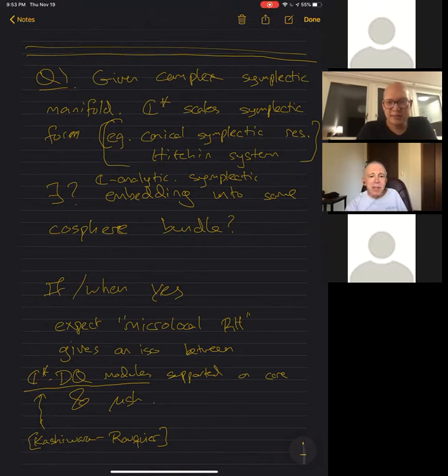But if your complex symplectic manifold is not exact... Oh yes, then I personally have nothing to say in that case. The C star scale symplectic form I built exactness in. Yes, one can prove better theorems. I'm just telling you which theorem I can prove.